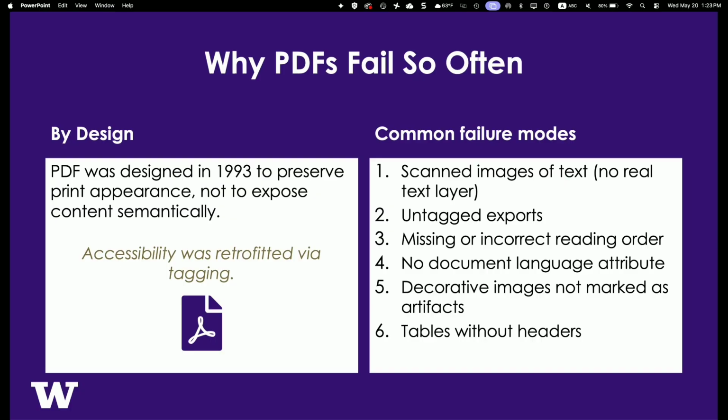So accessibility was retrofit, as with many things in modern products. Accessibility is not in their mind when something is being created. That's the case with Canva, by the way. Canva is so popular, but it's very inaccessible.